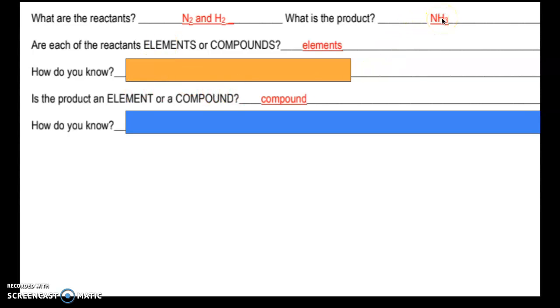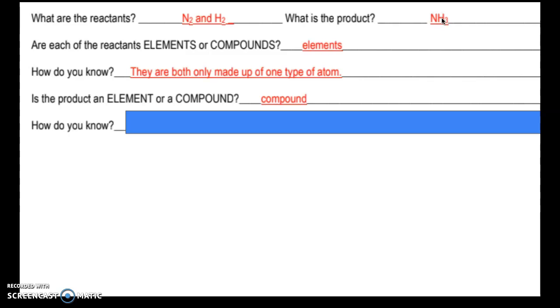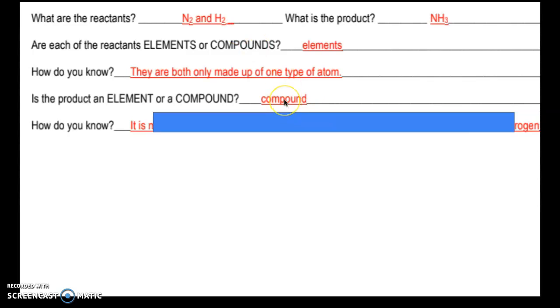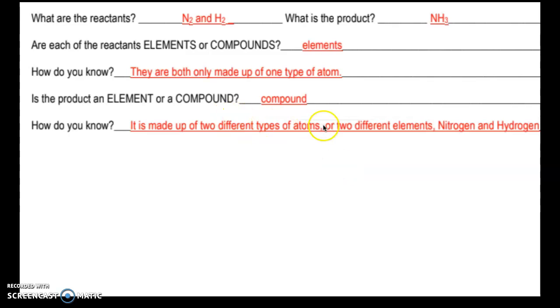We know it's a compound because we've got two different things bonded together. The nitrogen gas and the hydrogen gas are considered elements, or more specifically molecules, because they're made up of one type of atom. Our product, on the other hand, ammonia, is made up of two types of atom, nitrogen and hydrogen, so we know that it is a compound.